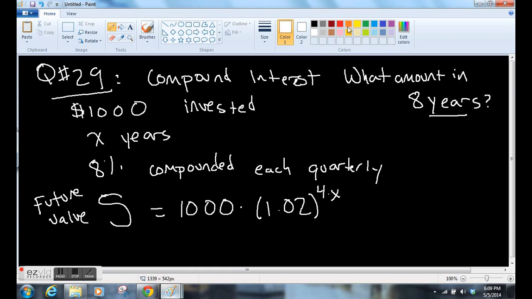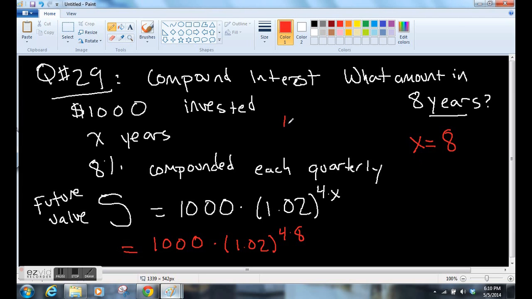So here's how you answer this problem. You should definitely be able to answer something like this on a test. When they say in 8 years, they mean when x equals 8, what does S equal? So the future value, you just plug 8 into this equation: 1.02 to the 4 times 8. Now you do this on your calculator.